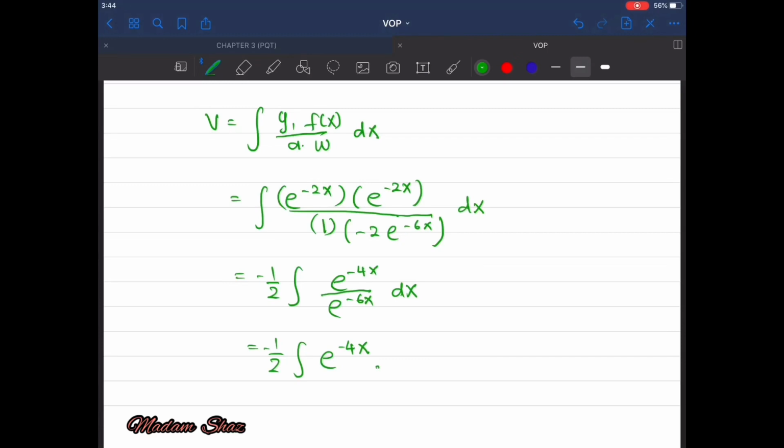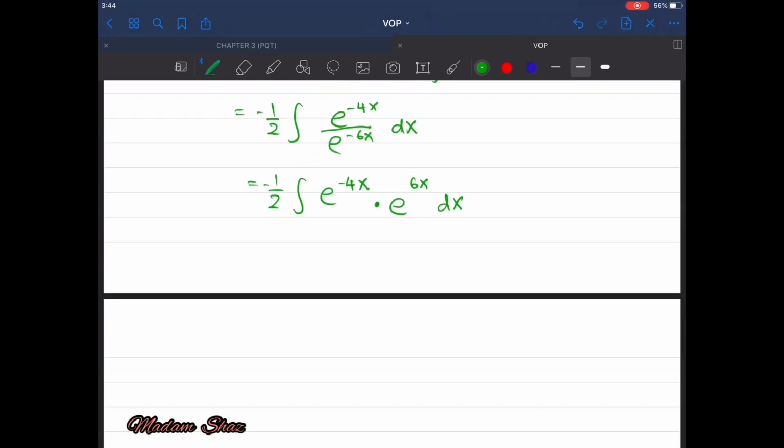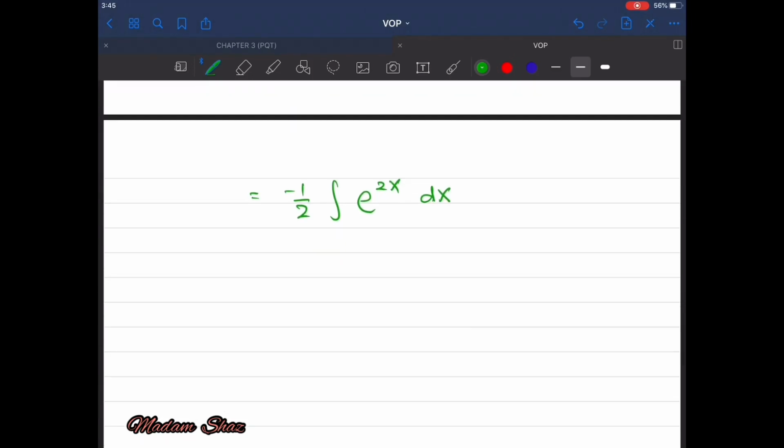So exponent negative 4x multiplied by exponent positive 6x dx. Negative 4 plus 6 becomes positive 2. So negative 1 over 2 exponent positive 2x dx. Now you can integrate.